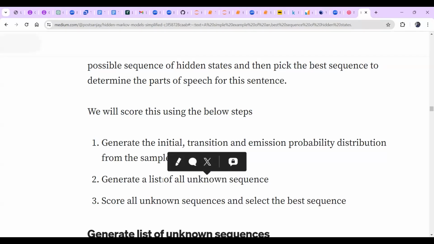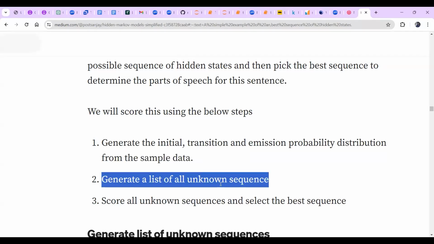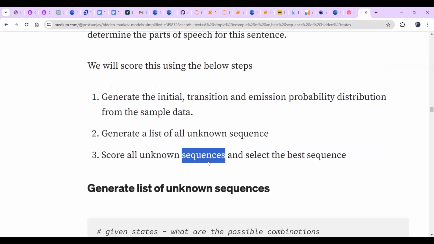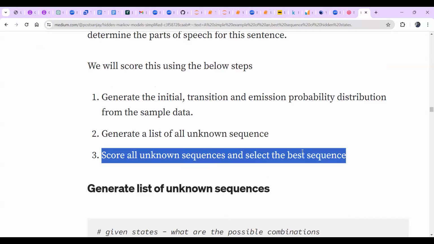You try to predict the possibility of sentence one, sentence two, sentence three, sentence four, and apply a cutoff. The multiplied probability should be greater than 0.75 for the sentence to be considered as an option. Finally, you score everyone and decide which one is the highest total probability sentence. That will be your best sequence.